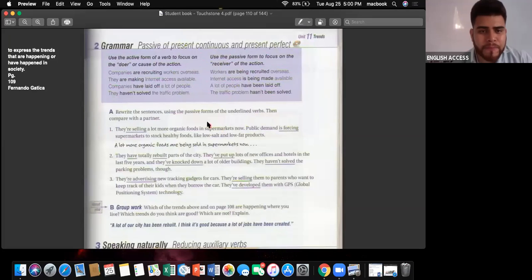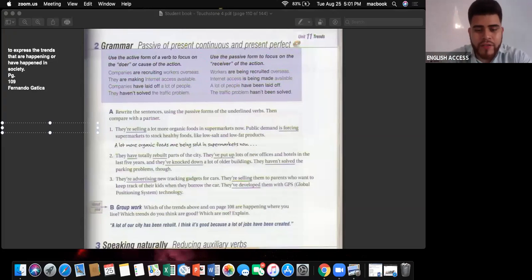All right. So in all of the sentences, they underline the main verb. So you need to focus on the main verb. Like I told you yesterday, some sentences have 2, 3, 4 verbs.